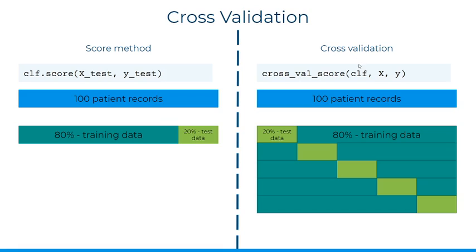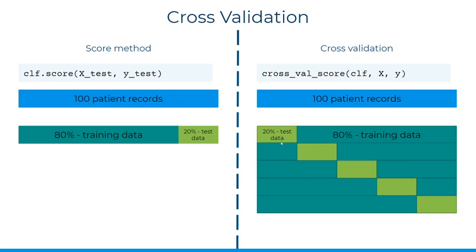So cross-validation is a little bit different. We go cross_val_score, clf, X and y. So we have to pass in X and y, not only the test ones. So again, we have 100 patient records, but this time we have a lot of boxes here.